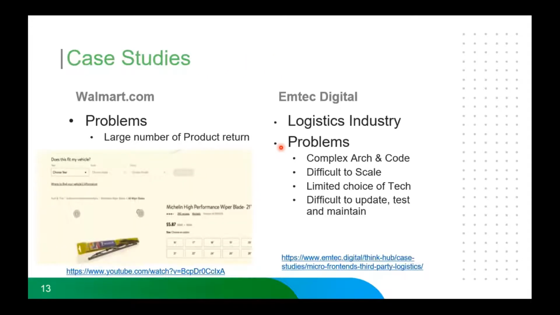As I was mentioning, this helps a lot for customers, or better to say organizations, in the market. First we'll go with Walmart.com. I understand everyone knows Walmart. They have different sets of customers.